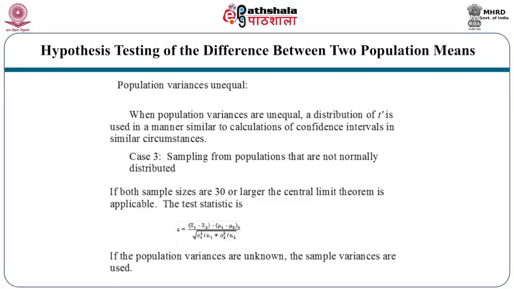So in testing of hypothesis, if I conclude, the most important thing is the formulation of hypothesis. You have to clearly formulate what the null and alternate hypotheses are. For example, H naught is mu equal to mu naught. It may be mu1 minus mu2 equal to 0, in the case of comparing the two means of the two populations.